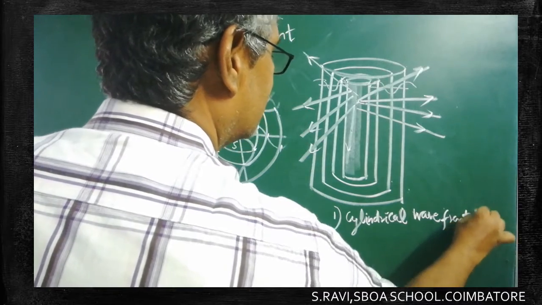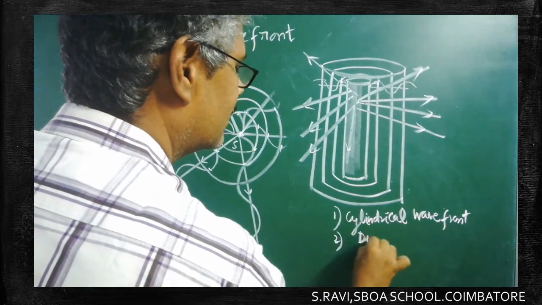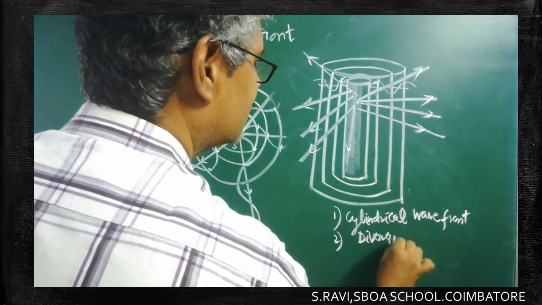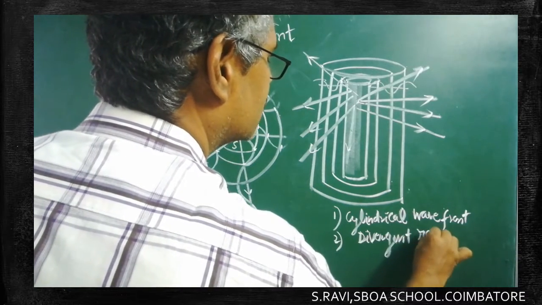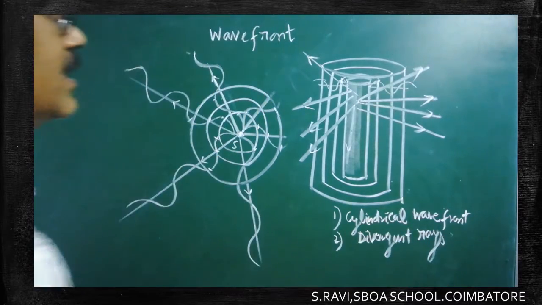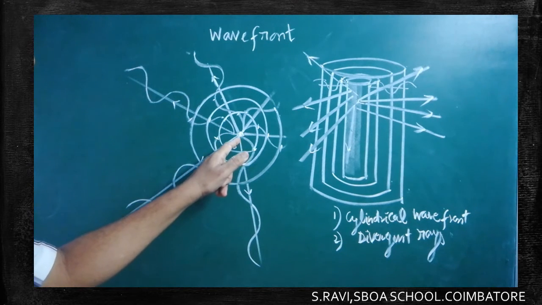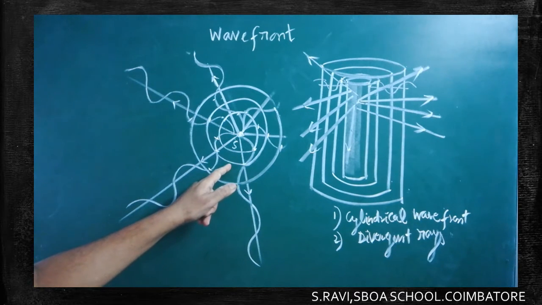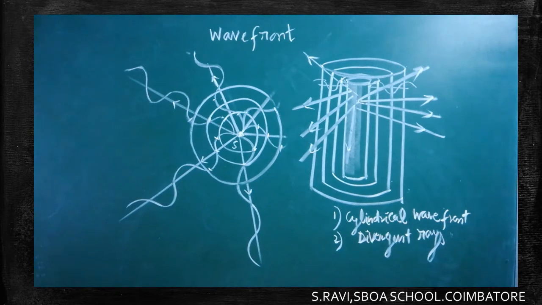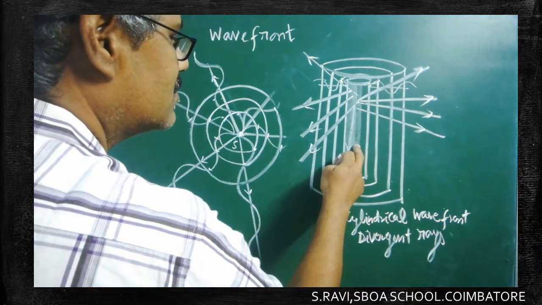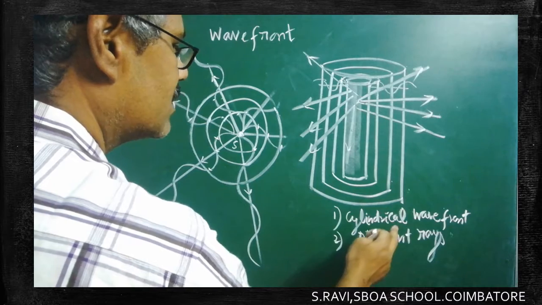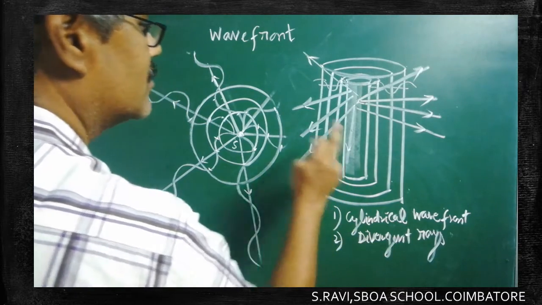And then what kind of rays are created? Divergent rays are originating from the source. Make a note. Nearer to the point source, a spherical wavefront will be created and divergent rays are produced. Very close to the cylindrical source, a cylindrical wavefront will be produced and divergent rays are originating from the source. Don't forget.